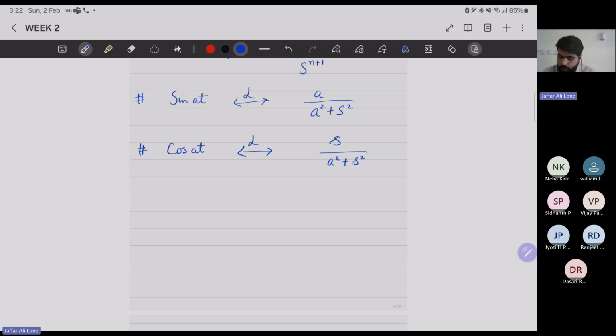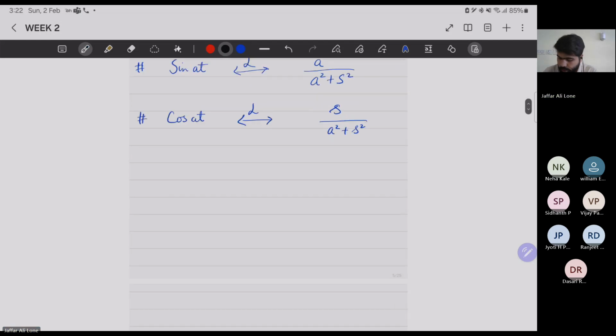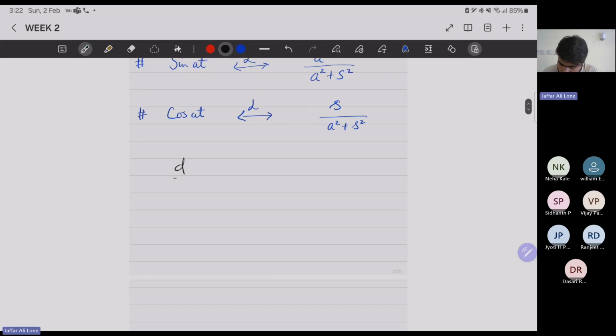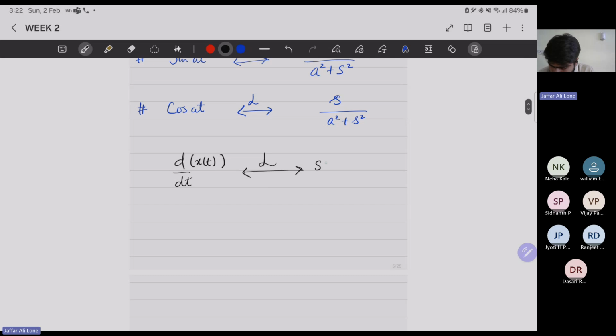So there's this property: d by dt of x(t). If we have to find the Laplace transform of this d by dt of x(t), it will be s times the Laplace transform of that function, X(s), minus the initial value of that function.